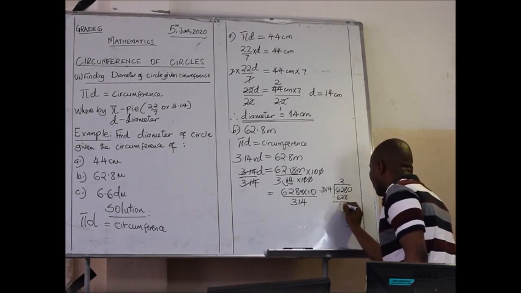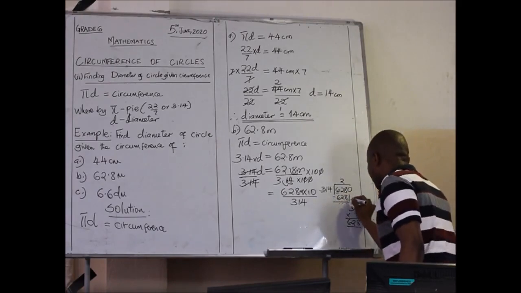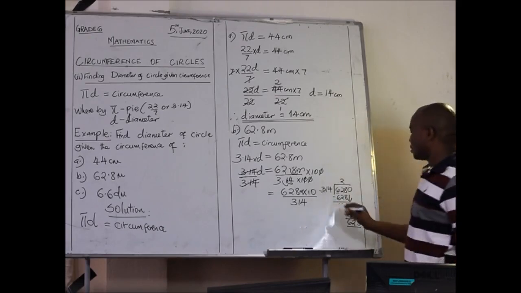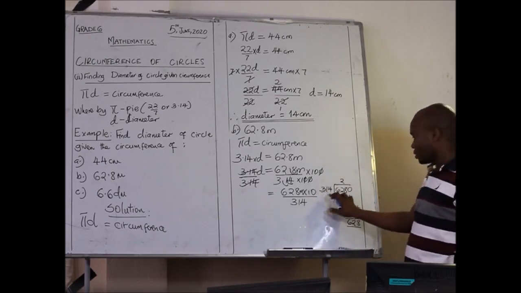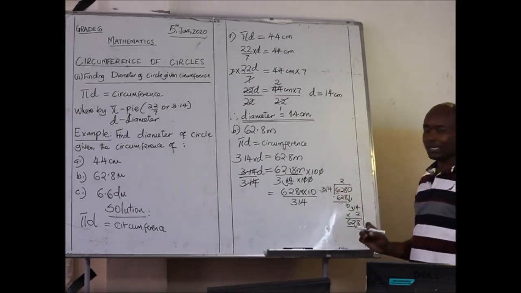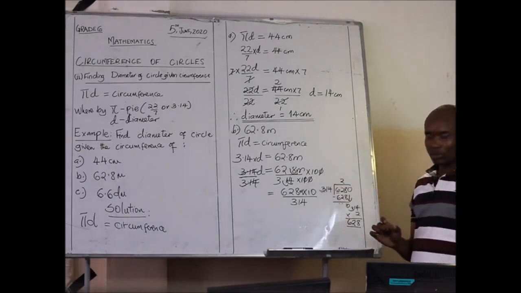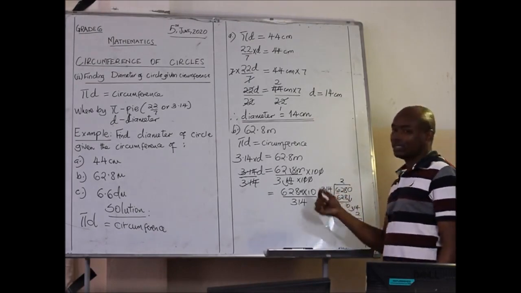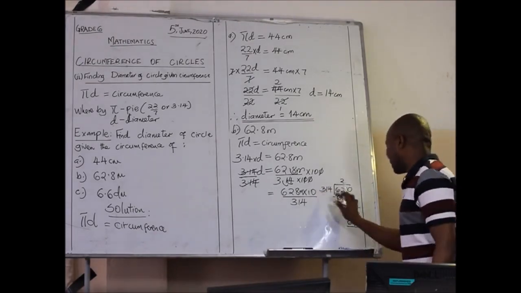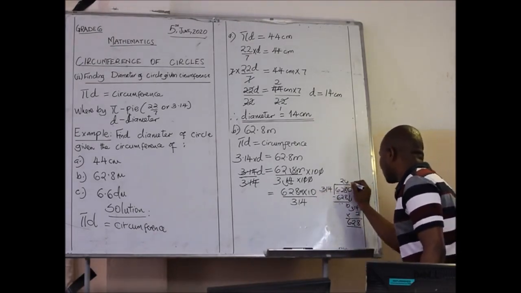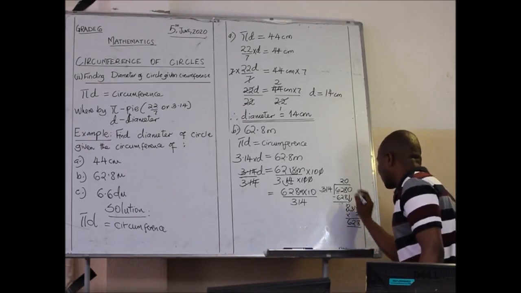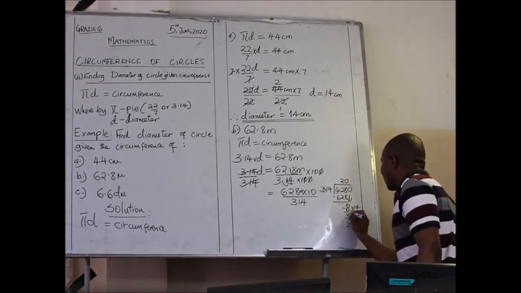Take away, you'll get nothing. Drop the last 0. After dropping a number, you find that the number is smaller than the divisor. So 314 goes into 0, 0 times. 0 times 314 is 0, remain with nothing.